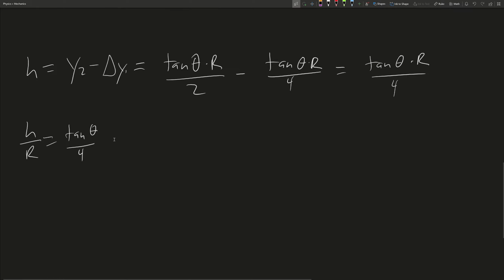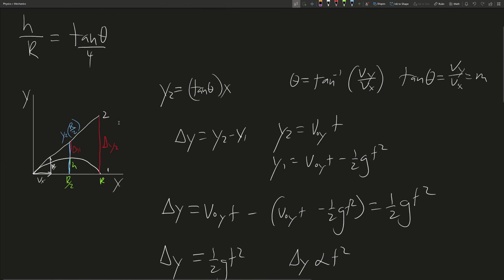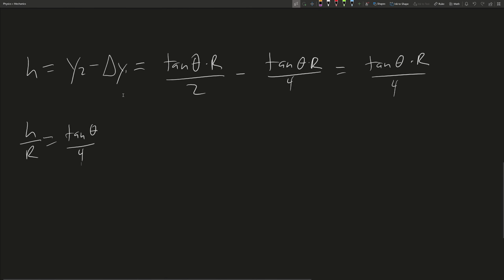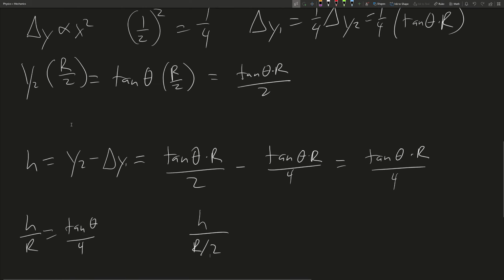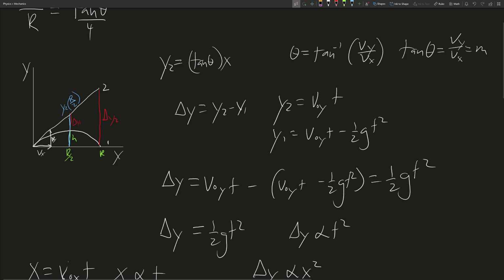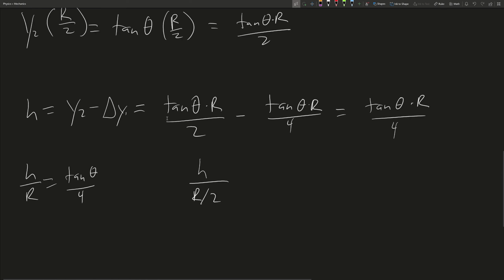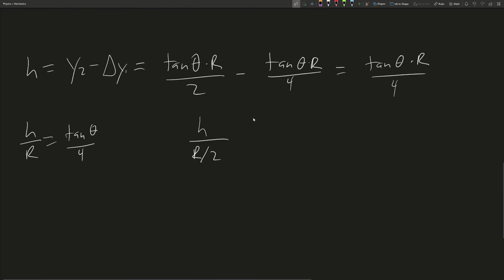And what this tells us is that if we look at the height divided by r over 2, so that's the ratio of the height to the horizontal distance that is traveled by the time it reaches that height, a projectile will reach its maximum height when it's traveled a distance of r over 2, and this relationship is equal to tangent theta over 2.